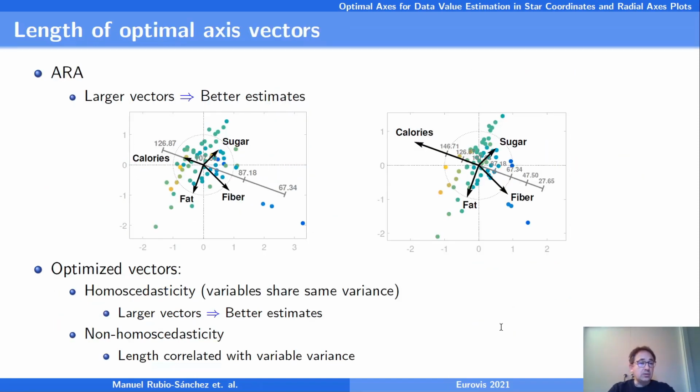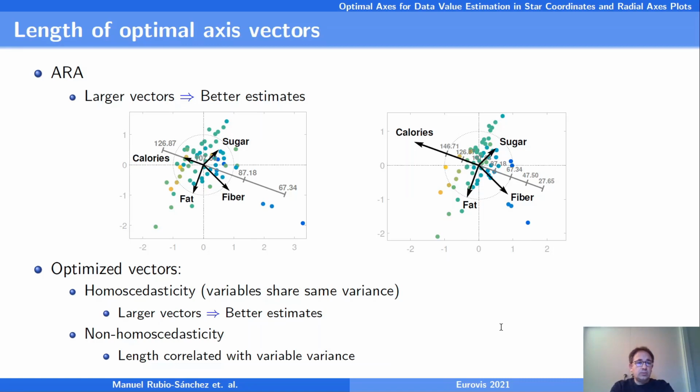We have also analyzed the information provided by the lengths of the optimized axis vectors. So initially, we thought that the larger vectors would indicate better estimates because this is exactly what happens in ARA plots. As you stretch a vector in ARA, the labels get squashed together, and this means that the method is going to focus on representing the values for the variable better.